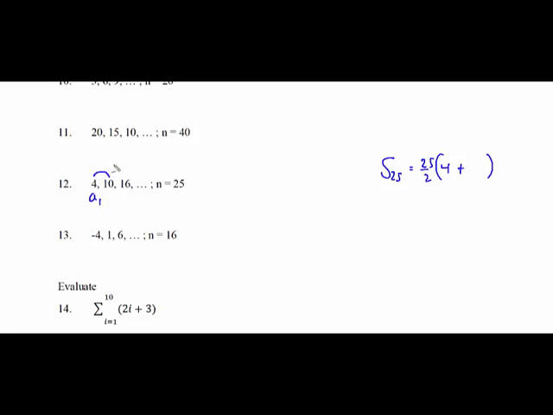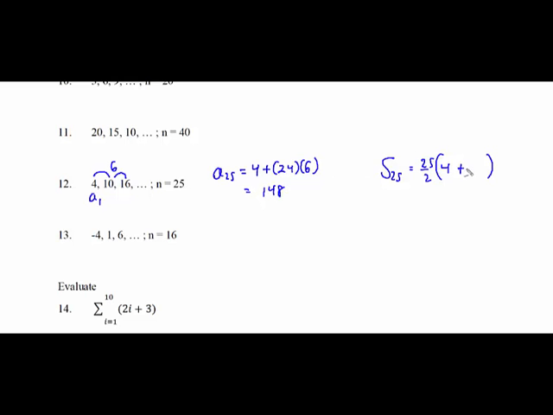My distance here is 6, because each number is jumping by a span of 6. So let's find that 25th term. a sub 25 is equal to the first number, 4, plus n minus 1, so that's 24 times 6. 24 times 6 and then adding 4 gives me 148.